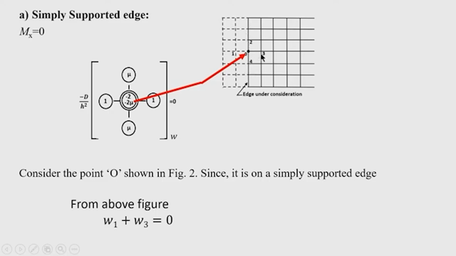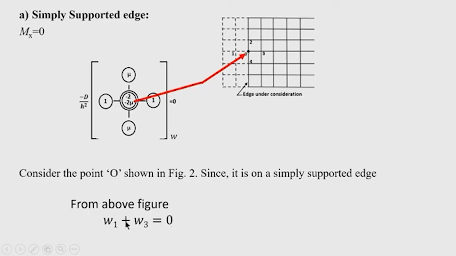But the displacement of 3 is some W 3, and here we have an imaginary node with deflection W 1, with coefficients plus 1 and plus 1. So, if I write this equation, W 1 plus W 3 equal to 0, because the other molecules are falling on the boundaries.